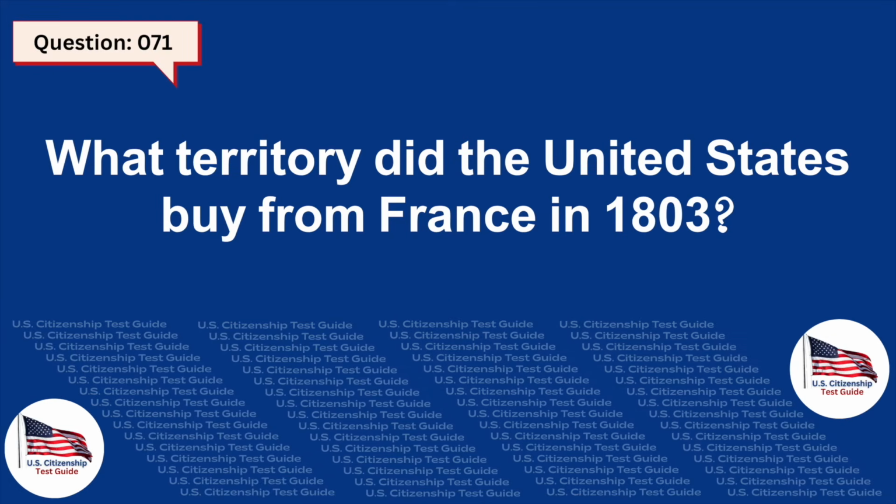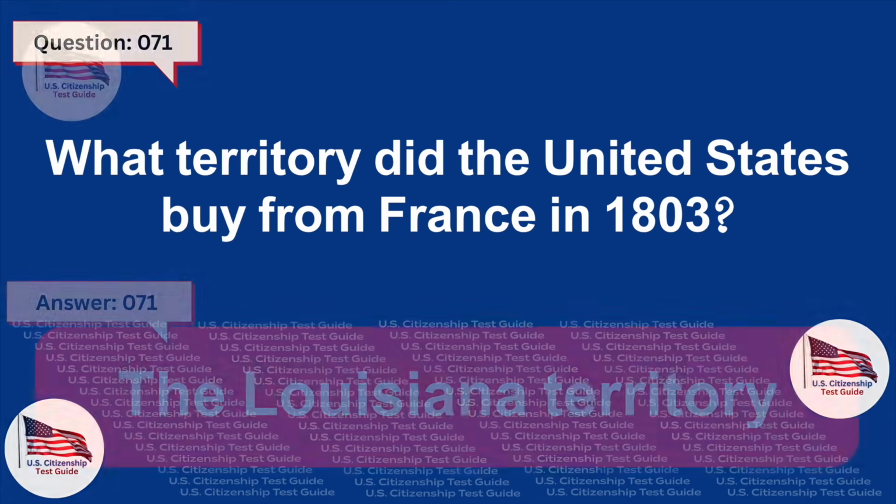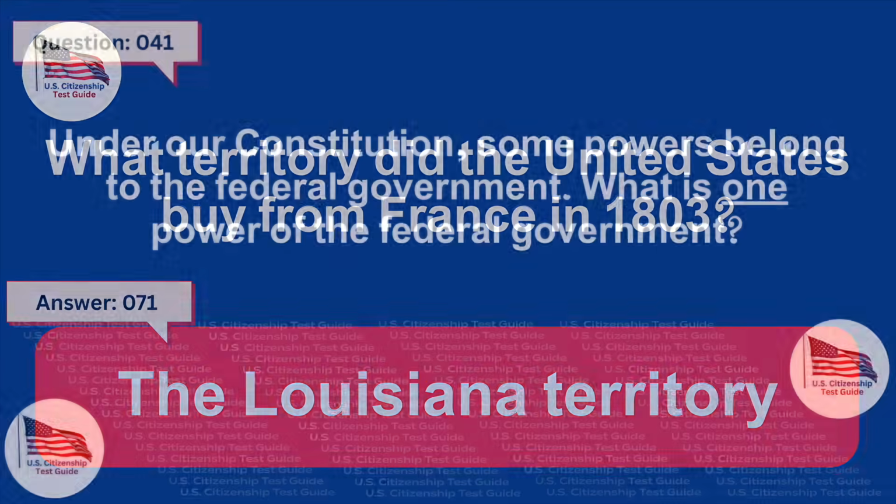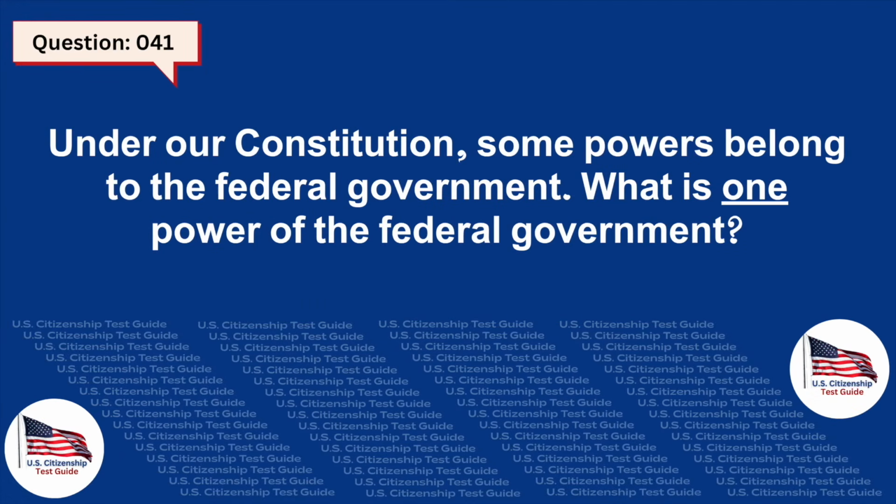What territory did the United States buy from France in 1803? The Louisiana Territory. Under our Constitution, some powers belong to the federal government.